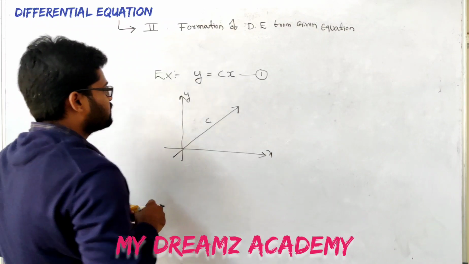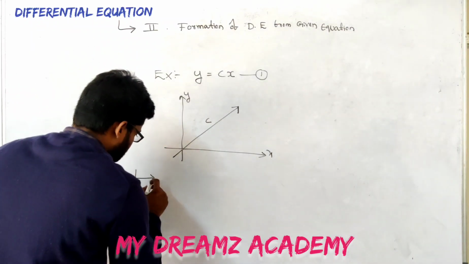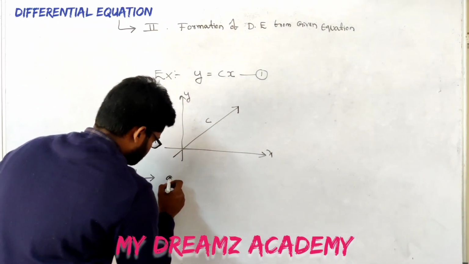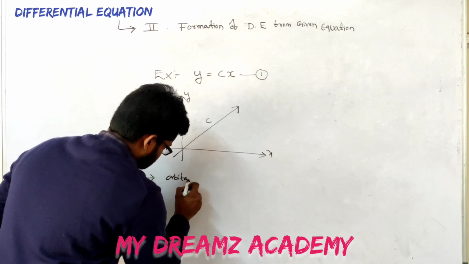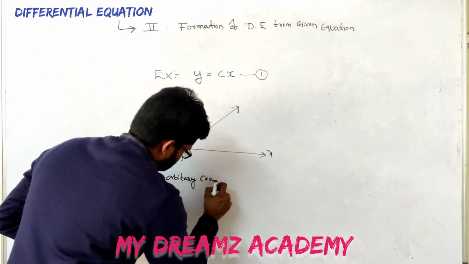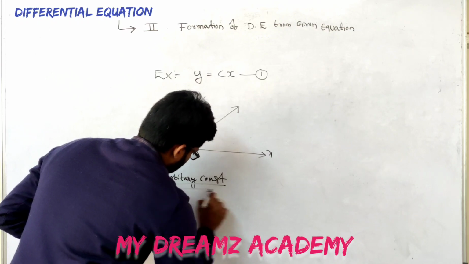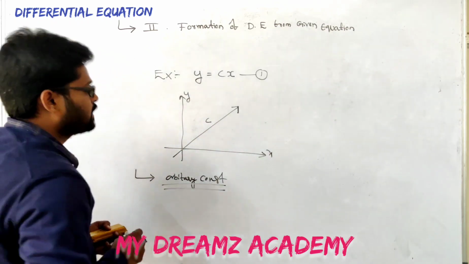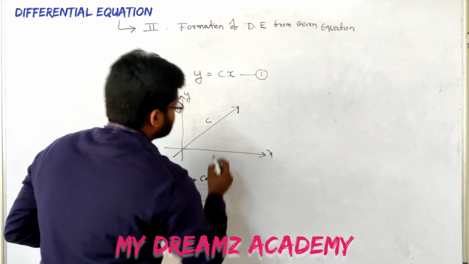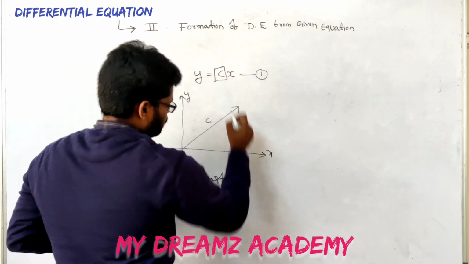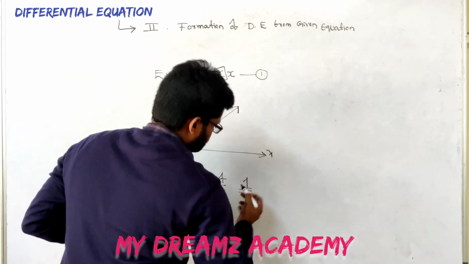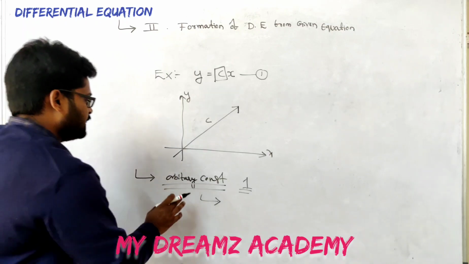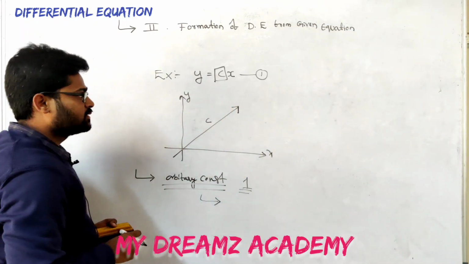The very first step is to see the arbitrary constants. How many arbitrary constants does it have? c, only one. So it has only one arbitrary constant.